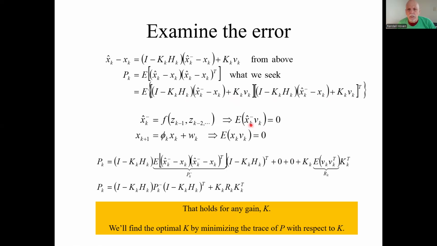This is zero because our estimate prior to processing the measurement at time K is uncorrelated with the measurement noise at time K. The minus sign up there means before we process the measurement, and this is the measurement. And because of this, the true X has nothing to do with the measurement noise, only the process noise. So this little term is also zero. That's why we could put these two zeros here.